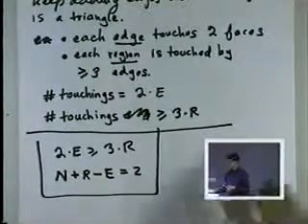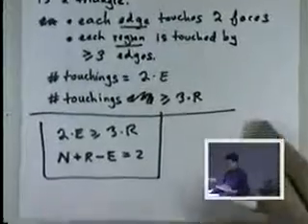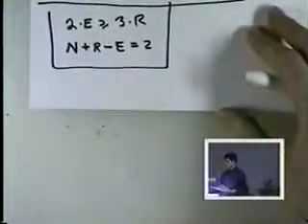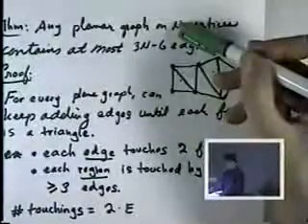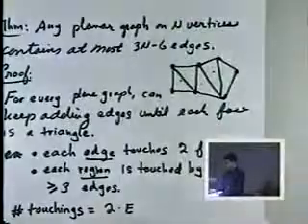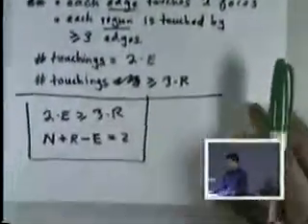So here are 2 terms, and since we're trying to show what we can have in terms of edges and vertices, then we should get rid of regions.